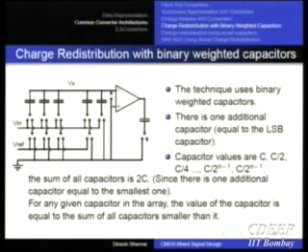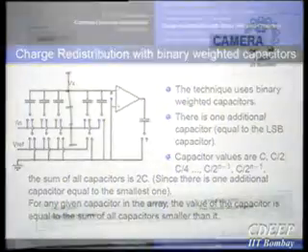So before we go to the details of how this works, let's understand what we are doing here. What is this capacitor there for? In fact, there is a switch here and a capacitor here, which is quite important. So let's look at that first, then we'll come back to this charge redistribution. We have the time. Okay, so let's look at this.